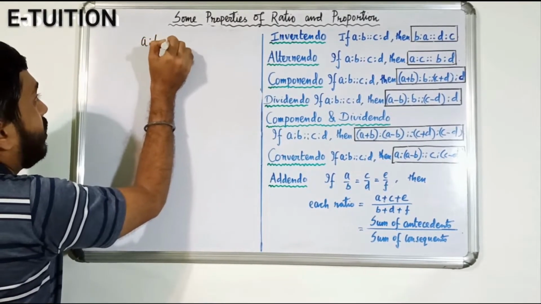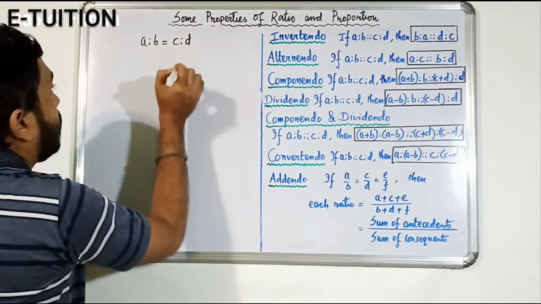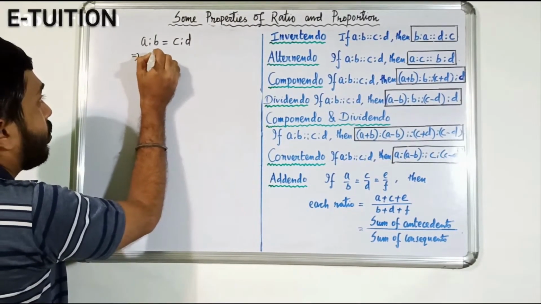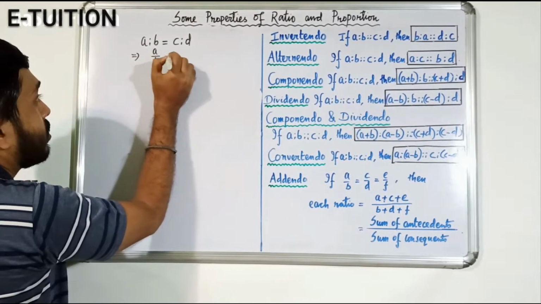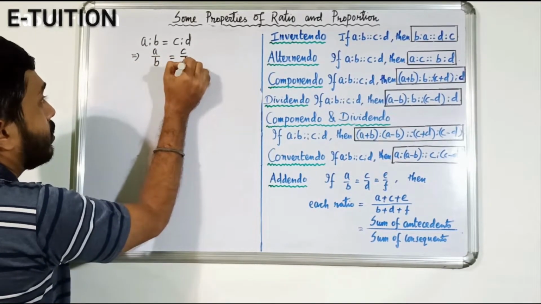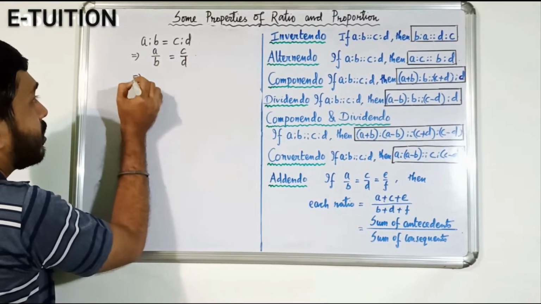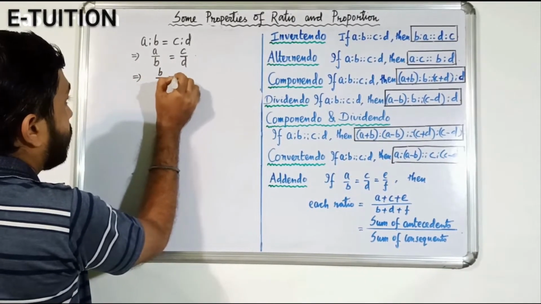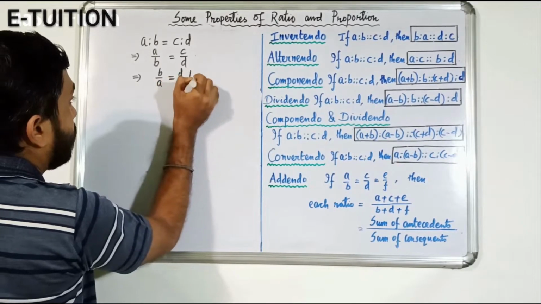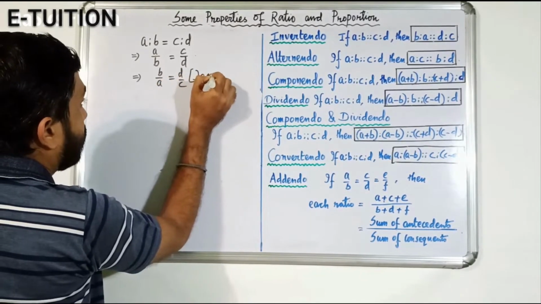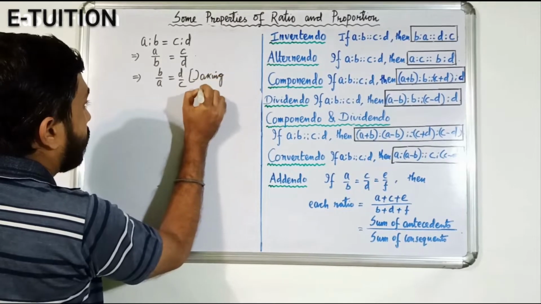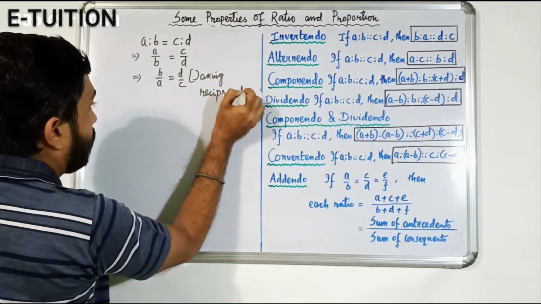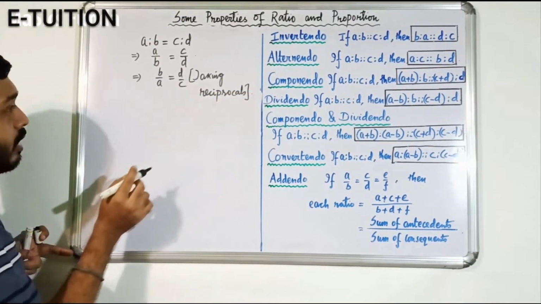A is to B is equal to C is to D. Okay. Write both the ratios in the form of corresponding fractions. Then just take the reciprocal of both sides.